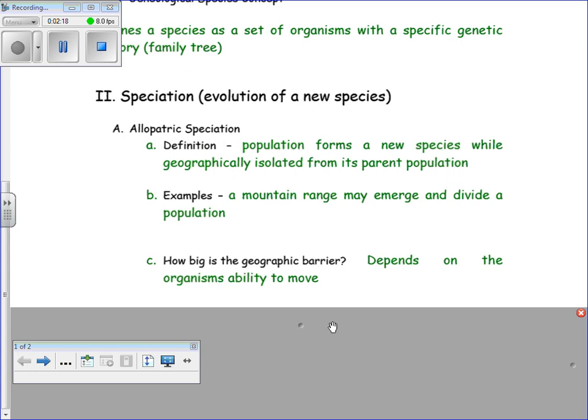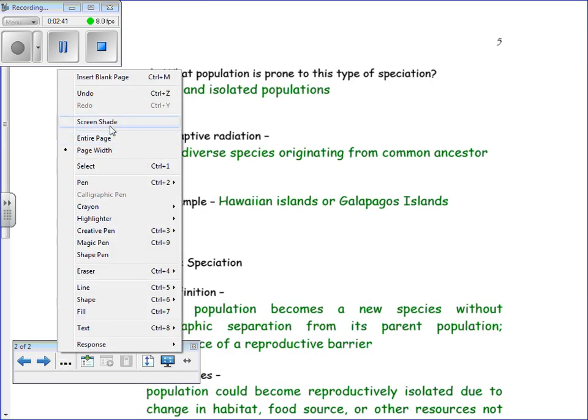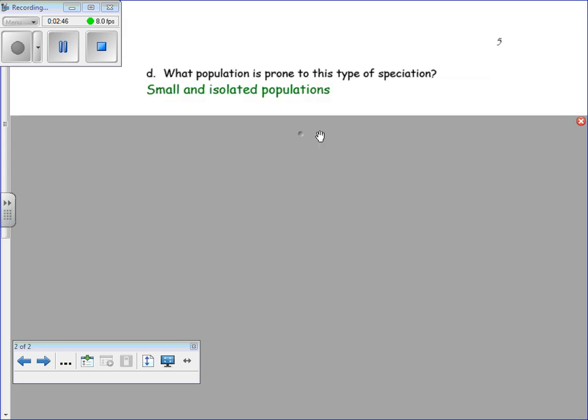If you're talking about a bird, then a barrier would be a little more significant, maybe a large lake like Lake Ontario, or maybe something even bigger, maybe hundreds of miles of ocean, that would keep birds from their parent population. Populations that are prone to this type of speciation are populations that are very small and very isolated.